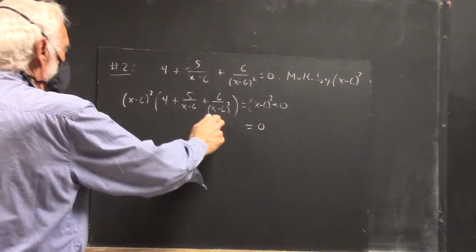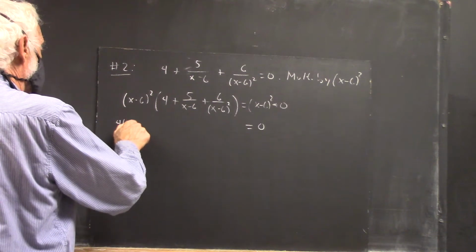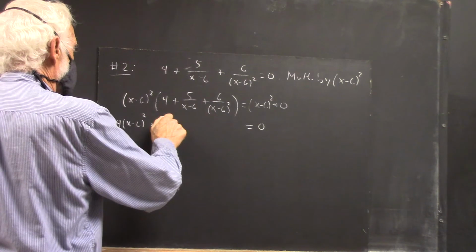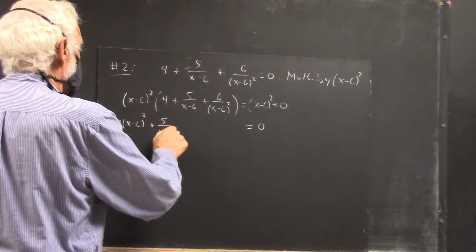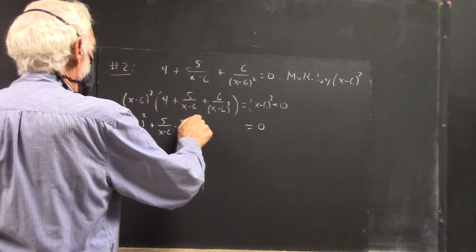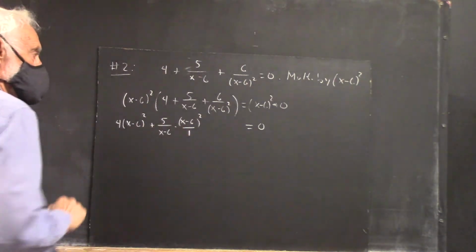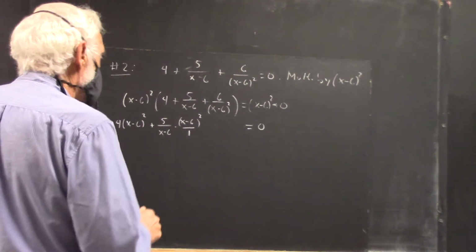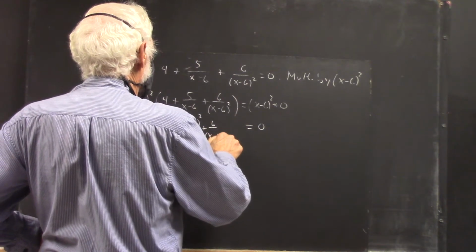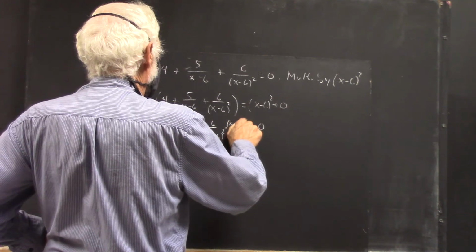And to do this multiplication, we use the distributive law. We get 4 times x minus 6 squared plus 5 over x minus 6. And I'm going to say it's times x minus 6 squared over 1, just so we can keep our fractions straight, plus 6 over x minus 6 squared times x minus 6 squared over 1, right?